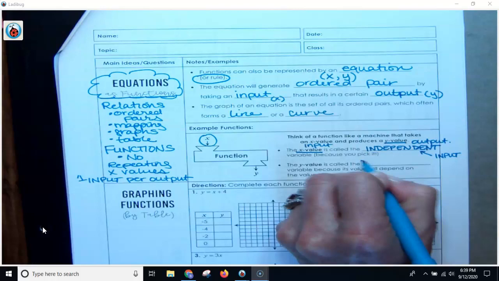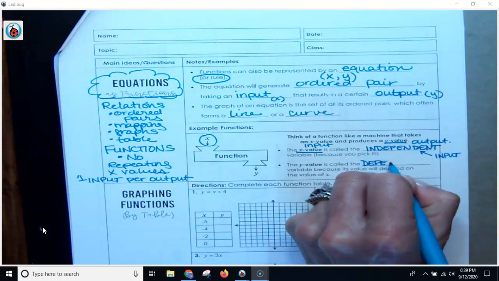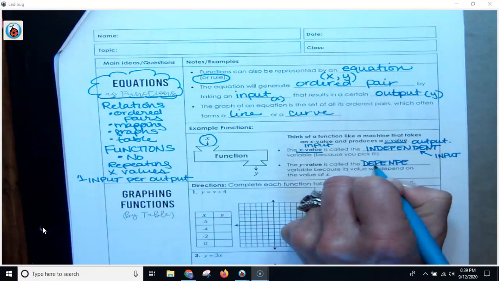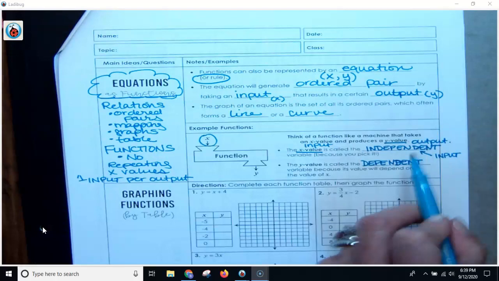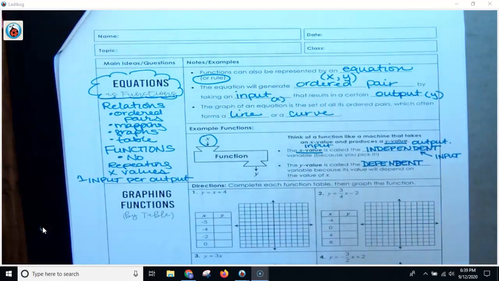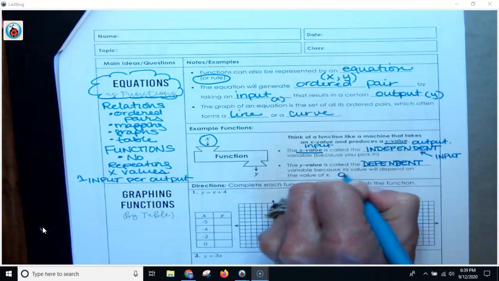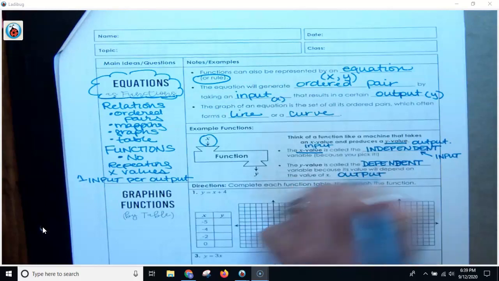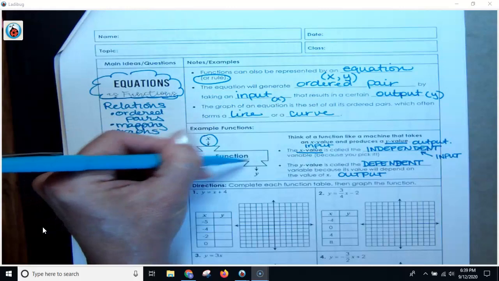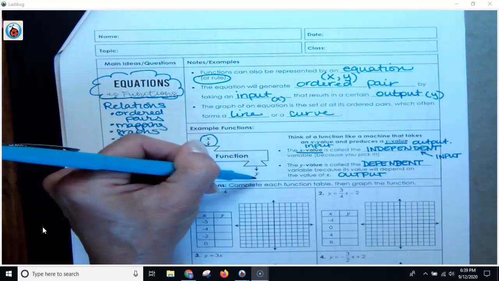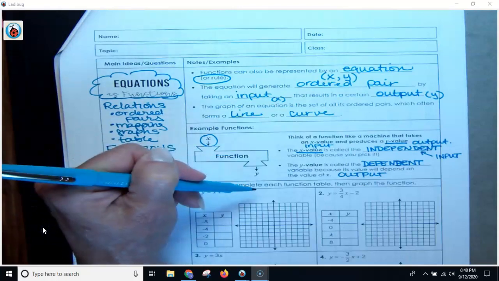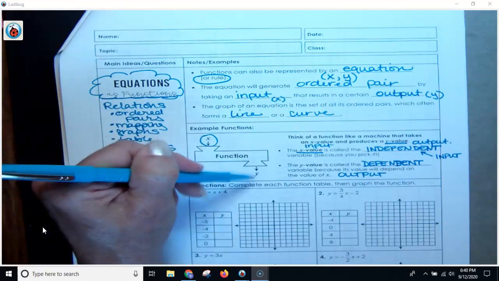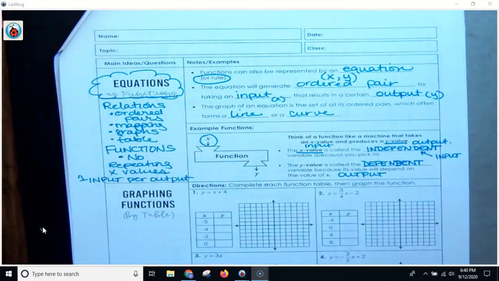Then the y value is called the dependent variable, because depending on what you put in, that will determine what you get out. This is your output. If I put cookie ingredients in and do the recipe correctly, out comes a cookie. If I put cake ingredients in, out comes a cake. Depending on what I put in, out comes whatever. I must be hungry because I'm using all these food examples.